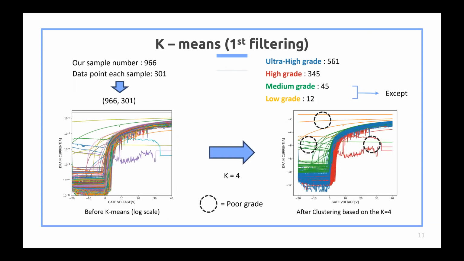First, among a total of 966 sample data points measured, we used the K-means algorithm to filter and select high-quality data for deep learning. The log-scale transfer curve was clustered into 4 levels and divided into 4 grades. Among them, medium and low-grade data were initially filtered out.